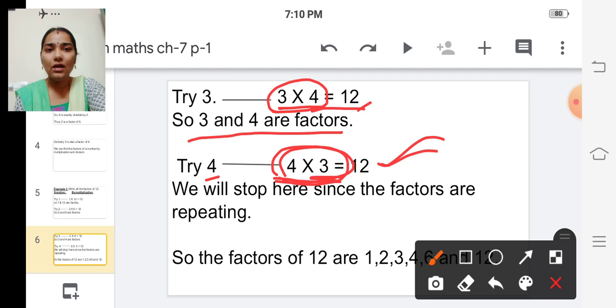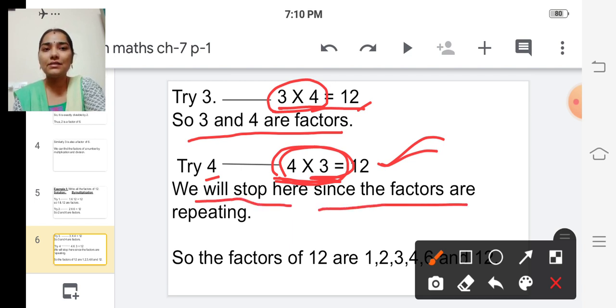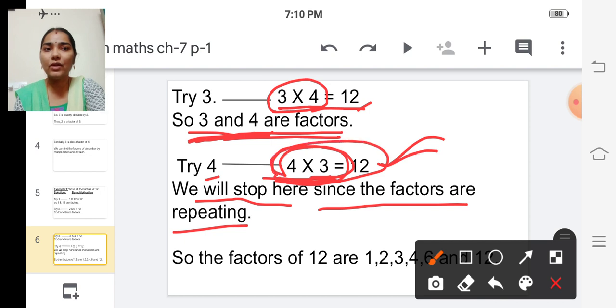Okay children, so see, we will stop here since the factors are repeating. In the previous step itself we got 3 and 4 as factors, and in the next step also we are getting 3 and 4 as factors, so we can stop here.